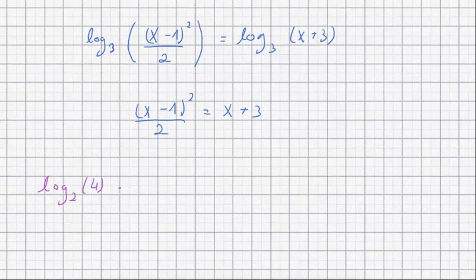And if I tell you log 2 of 4 equals log 2 of x, then 4 and x have to be the same thing in order for this to happen. So once you have the same log with the same base, the things inside the log have to be equal to each other.